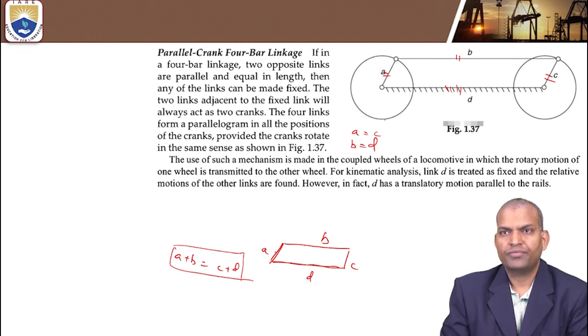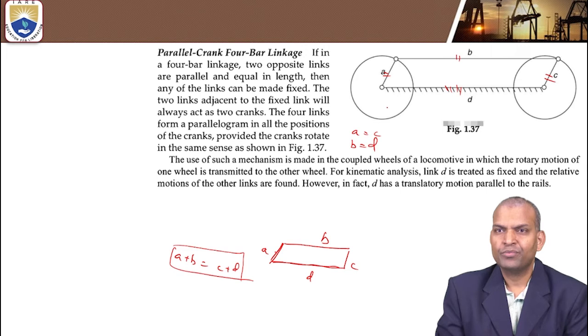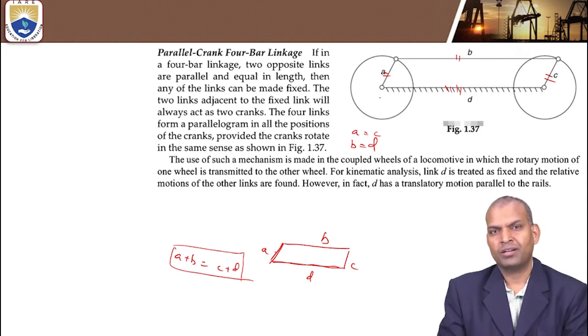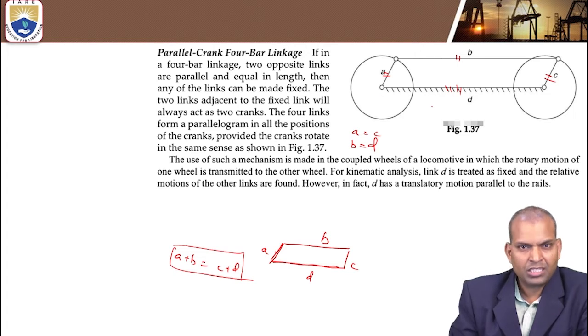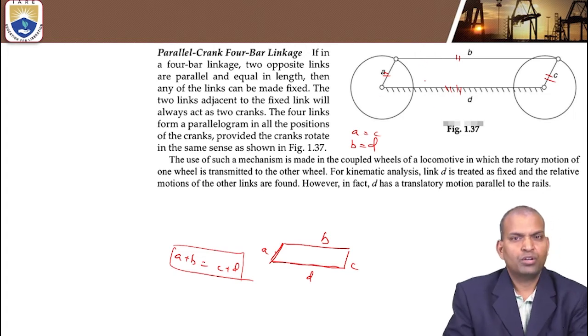So the use of such a mechanism, as I mentioned, is in the locomotive engine, in which rotary motion is transmitted. The rotary motion of one wheel is transmitted to the rotary motion of another wheel.